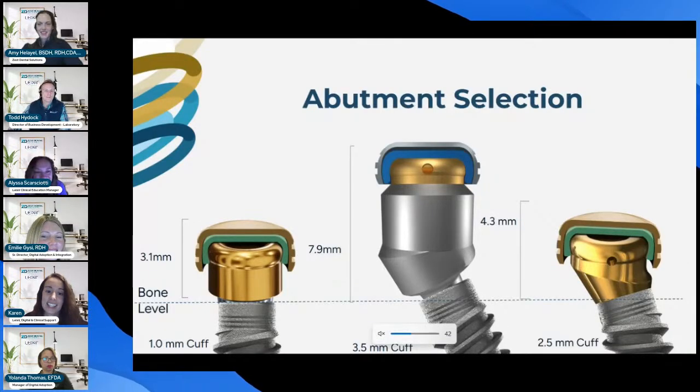So this is just sharing with everybody what I was describing, that we actually have a new angled locator, but the question was for MUA. Depending on the various companies, most MUAs are universal. We have this MUA locator abutment.